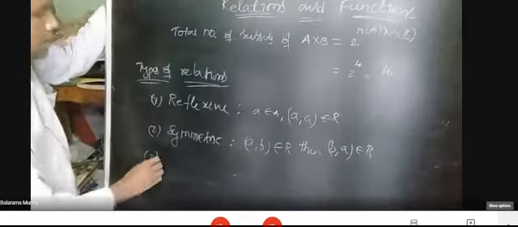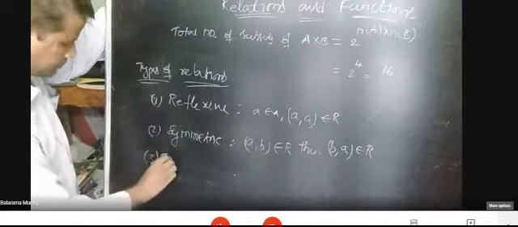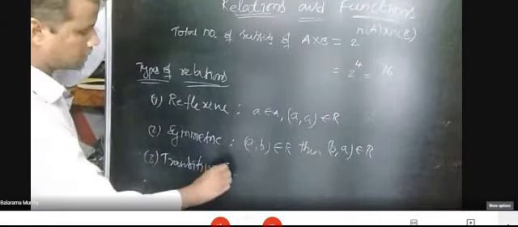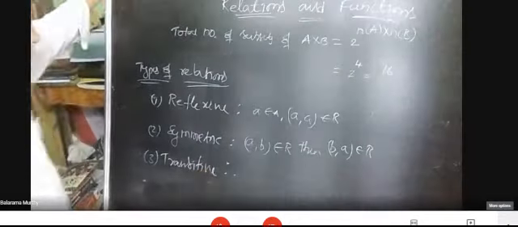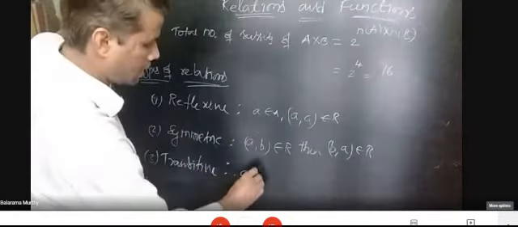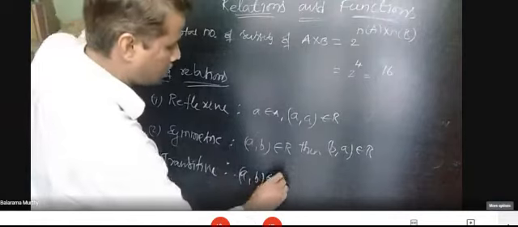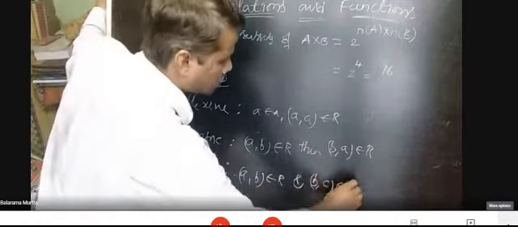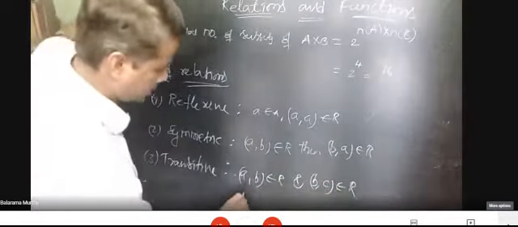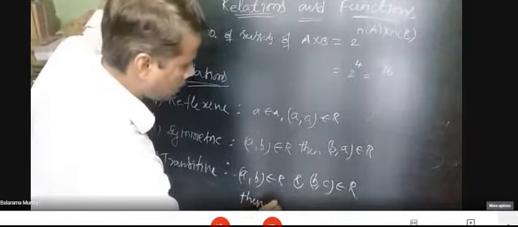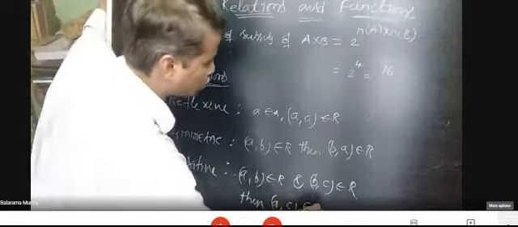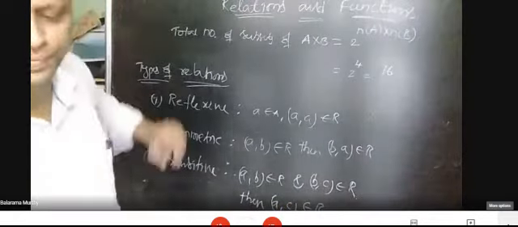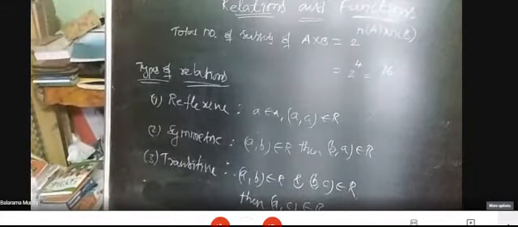Number 3, transitive. What does transitive mean? If A comma B belongs to R and B comma C belongs to capital R, then A comma C also belongs to R, which is called transitive. Clear, guys?